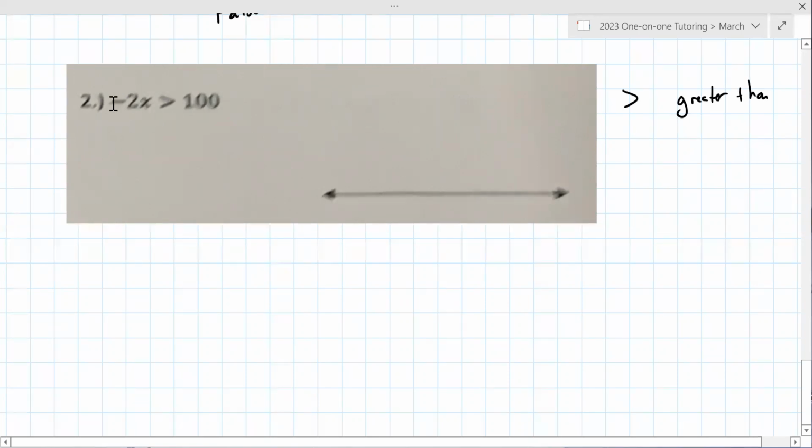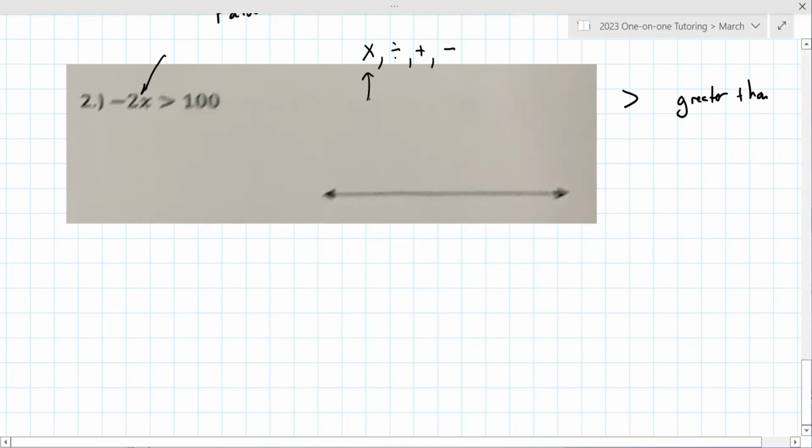This -2, what is the math operation between the -2 and the x? Plus. No, the math operation. What is it doing to the x? There's no plus in between them. What's in between them that's not shown? I'm not sure. Negative or Okay, so if nothing is shown, it is multiplication.